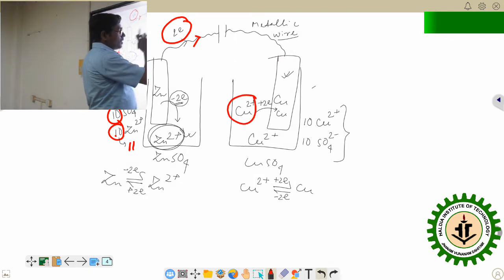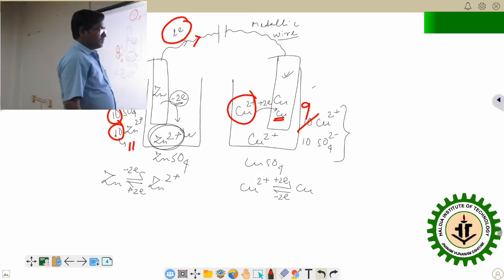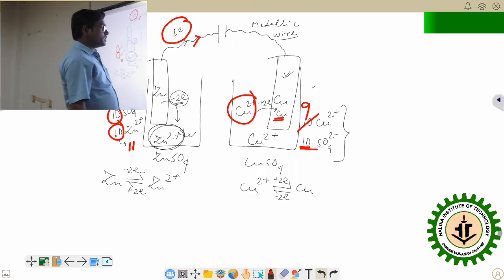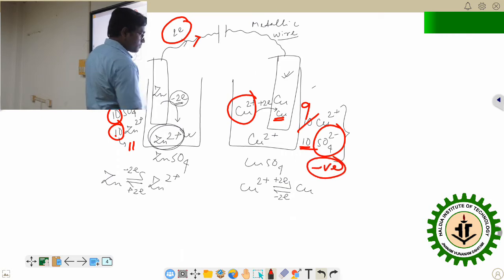A Cu2+ accepts 2 electrons to become copper. So instead of 10, there will be 9 Cu2+. But sulfate remains as it is, 10 in number. So there is an excess of sulfate ions, which will make this solution negatively charged.